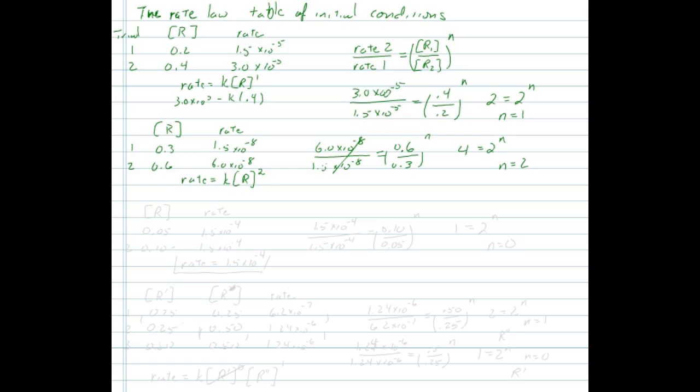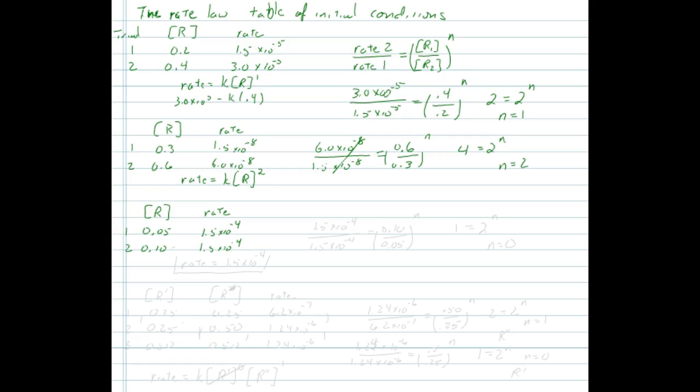Another example, rate 1 and 2, trial 1, trial 2, 0.05, 0.10 are your initial concentrations. The rates are 1.5 times 10 to the negative 4, 1.5 times 10 to the negative 4. Plug into the formula.